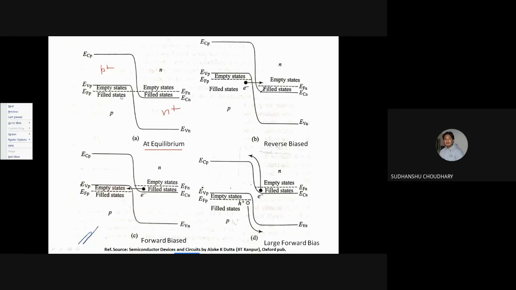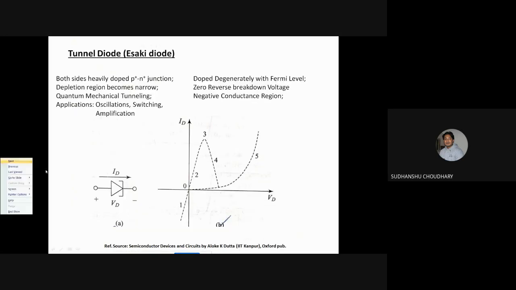Similarly, the filled states are in front of the filled states on the conduction band side. Because of this, there is no current at zero bias, which is represented by this point 0 in the tunnel diode.